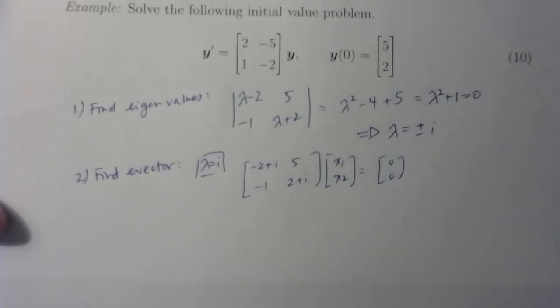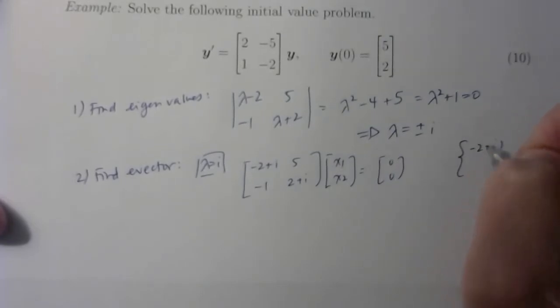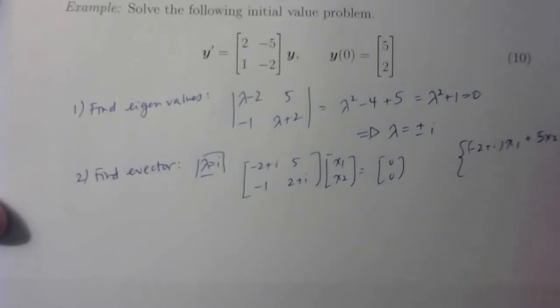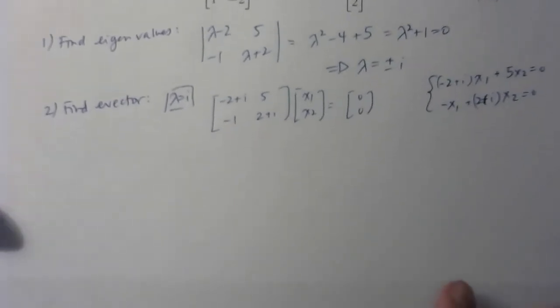And so what should that eigenvector be? What is the trick here? So the equations to solve are minus 2 plus i, x1 plus 5x2 is equal to 0, and minus x1 plus 2 plus i, x2 is equal to 0. It's not immediately evident to me what we're looking for.